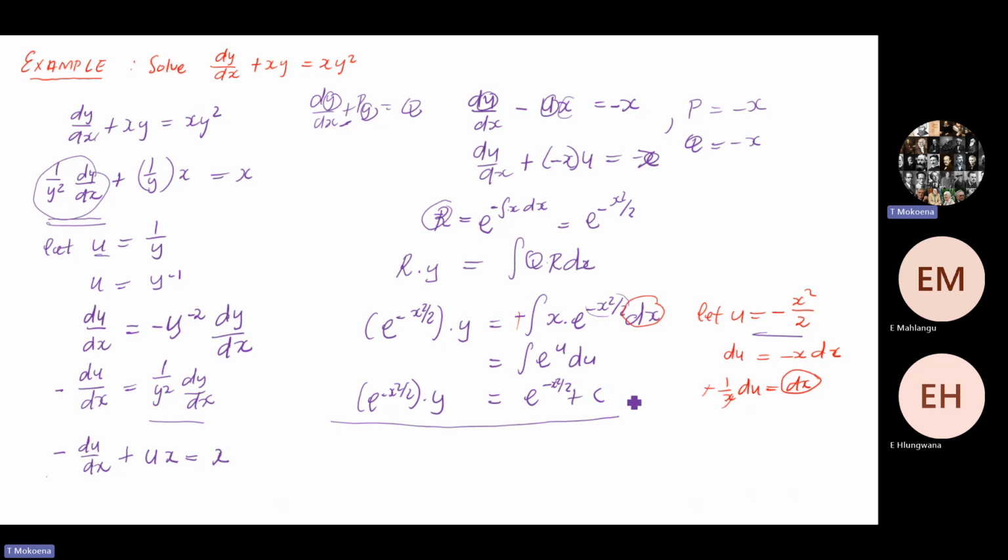This is the final answer implicitly. But when they say represent your final answer explicitly, then you're going to have to make y the subject of the formula. Meaning explicitly, we're going to say y is equal to, we divide by this thing. Here we're going to have 1, it's going to cancel. Then plus c e to the power of, it's going to be positive now, x squared divided by 2. This is explicitly.